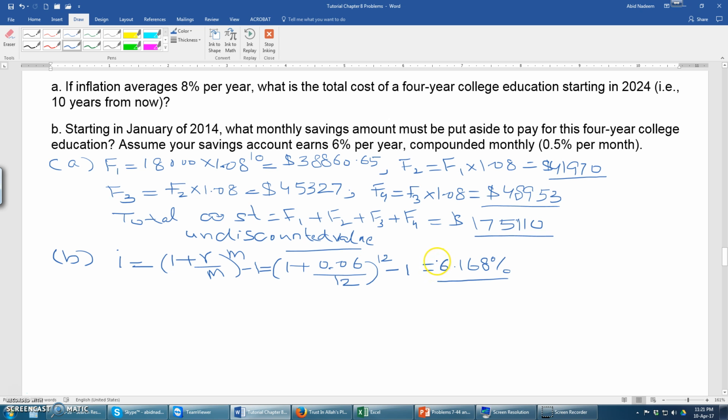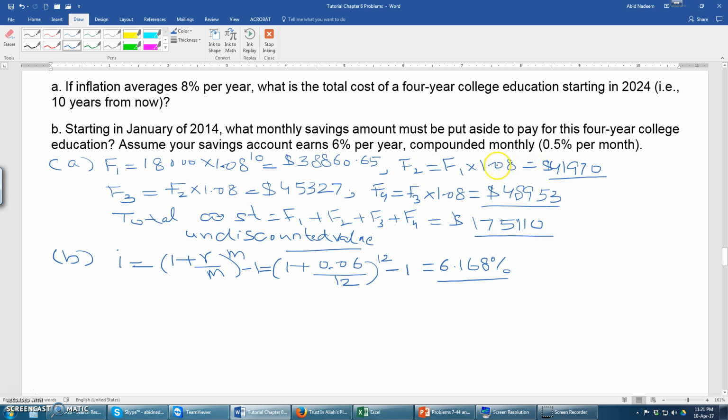One approach is to find the future worth of the 4 tuition fees needed at the beginning of 2027. If you start at the beginning of 2024, then it will be 2025, 2026, and the last fee will be needed in the beginning of 2027.